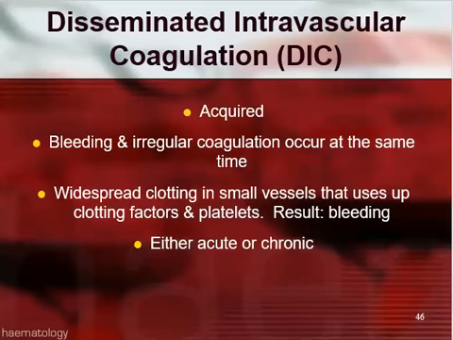The clotting happens disseminated. It's throughout the entire body, and it's usually in the small arterioles that feed capillary beds, and so will cause ischemia in those beds. Then the clotting factors and the platelets get used up, and then the end result is excessive bleeding.